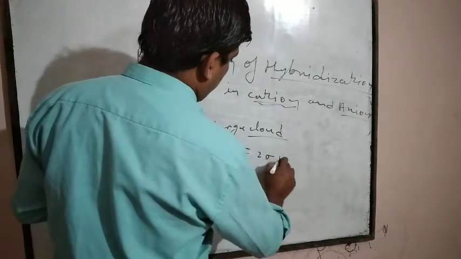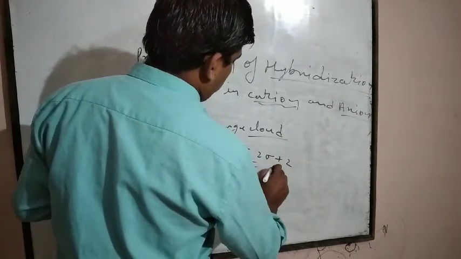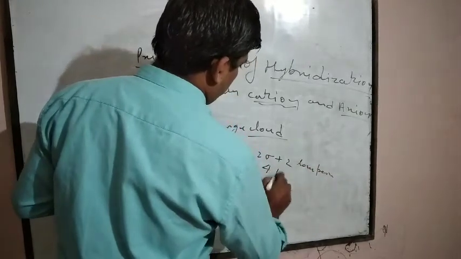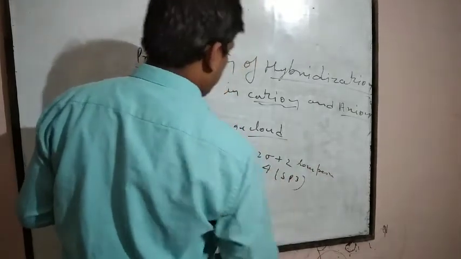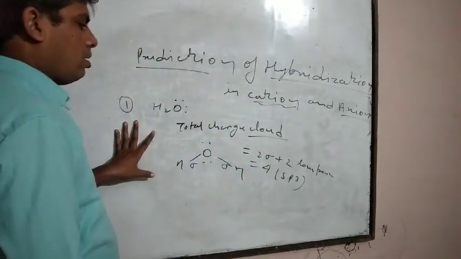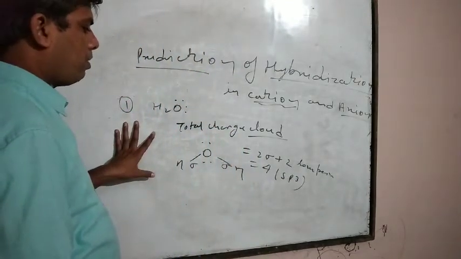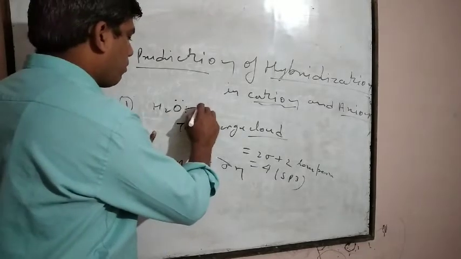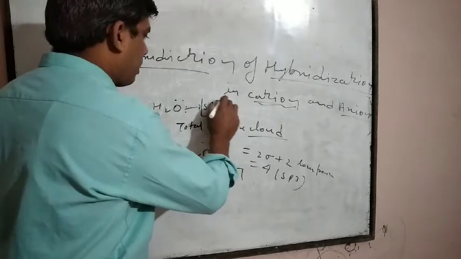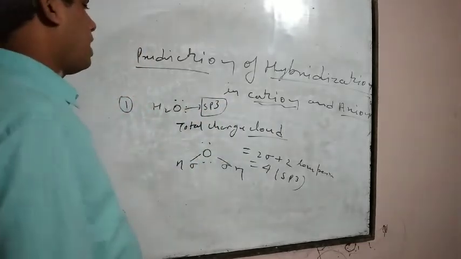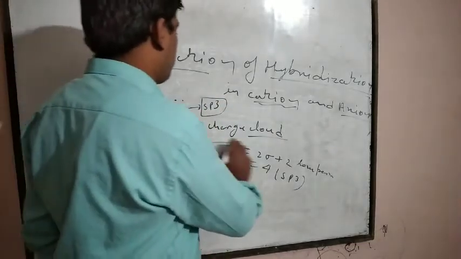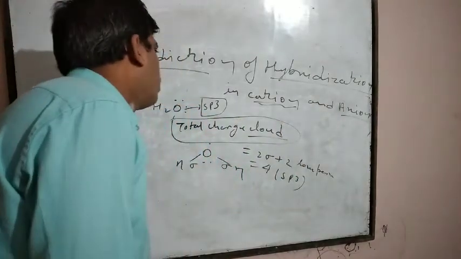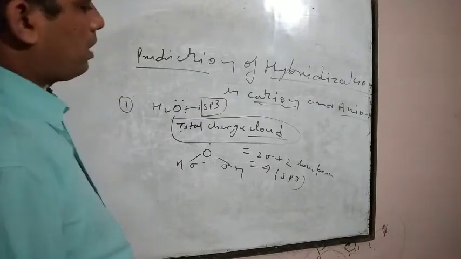So 2 sigma plus 2 lone pairs, here 4. So this is sp3. 4 hybrid orbitals will form. So in the oxygen of the water molecule, sp3 hybridization takes place. With the help of total charge cloud, we can calculate the type of hybridization.